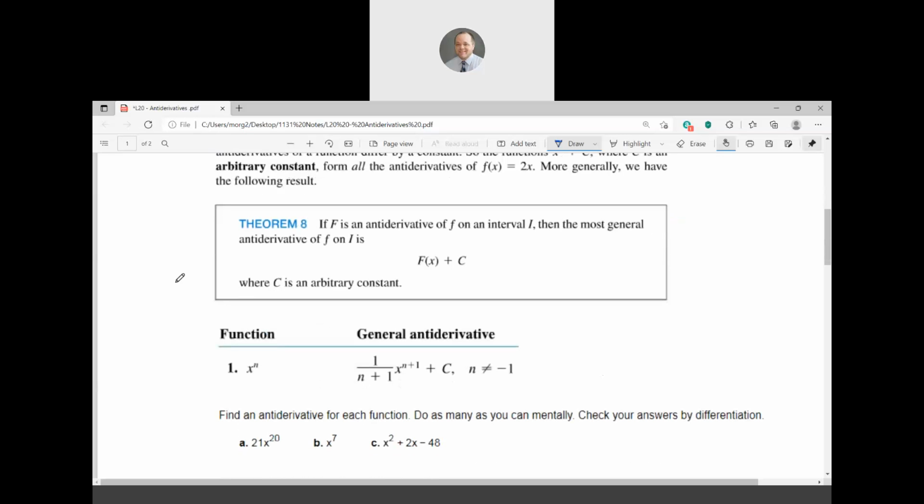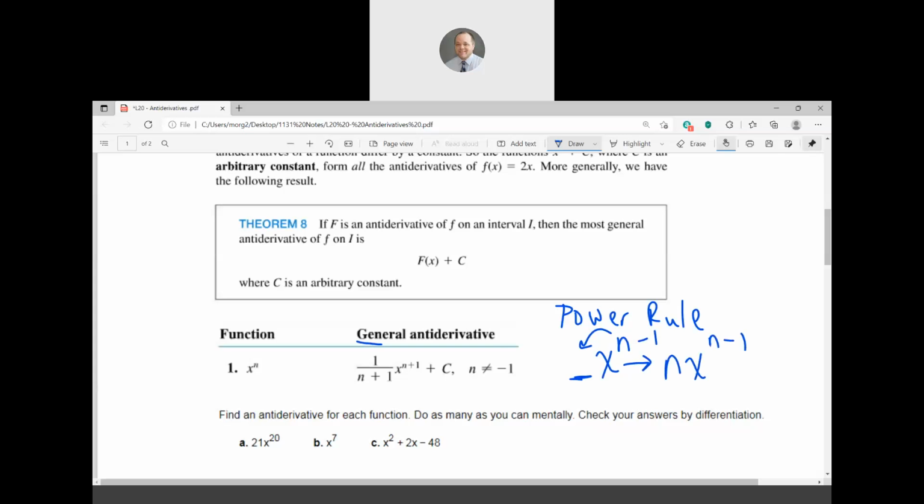Now we know the power rule for derivatives, in which we move the original exponent to the front and multiply it by whatever constant's out there, and then you subtract 1 from your original exponent.